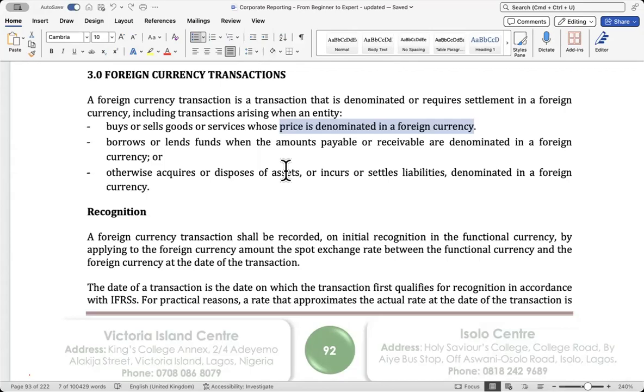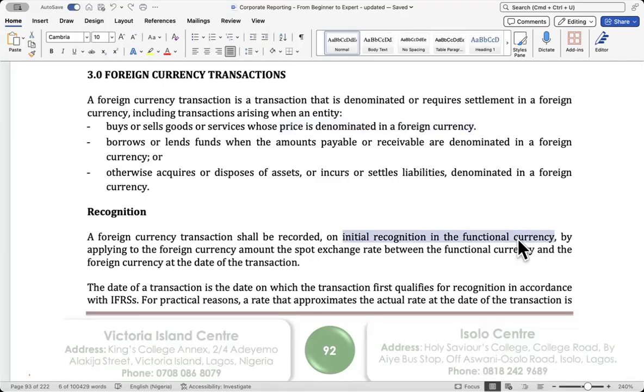So how do you recognize such in your books? The fact that it's a foreign currency transaction means the currency of the transaction would definitely be different from your functional currency. So those foreign currency transactions would be initially recognized in your functional currency. I've mentioned this before.